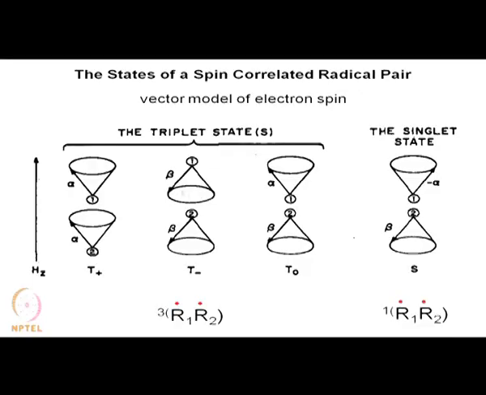Suppose that is your additional field, and that field is very close to your beta spin over here, so that this additional field starts the precession of this beta spin along this axis. So this will do like this.